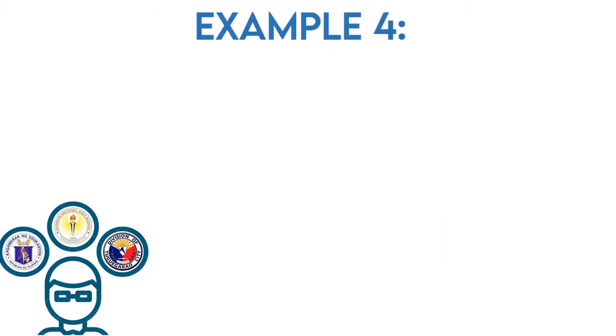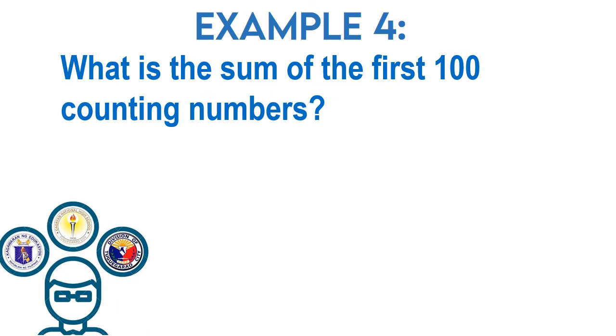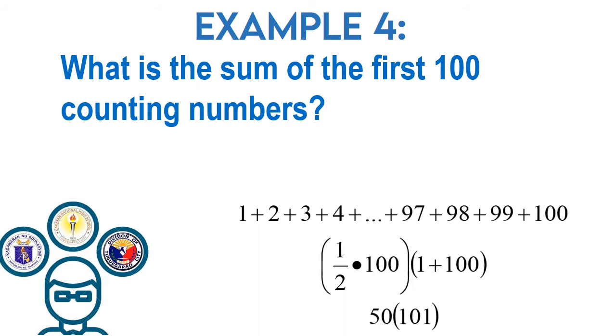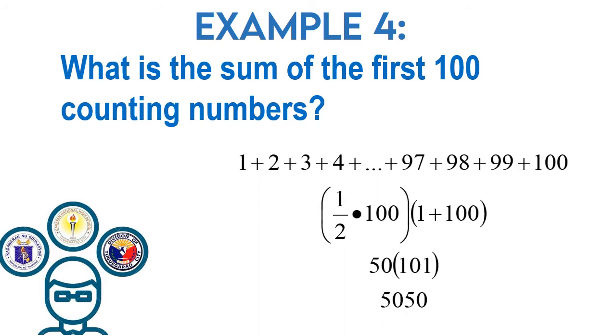Let us go back to the first question I raised earlier, class. What is the sum of the first 100 counting numbers? Using the same observation or using the formula, this becomes 1 plus 2 plus 3 plus 4 until 97 plus 98 plus 99 plus 100.